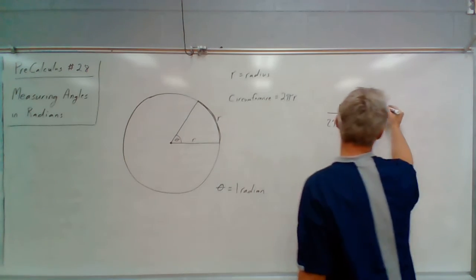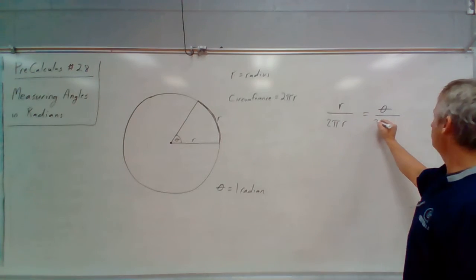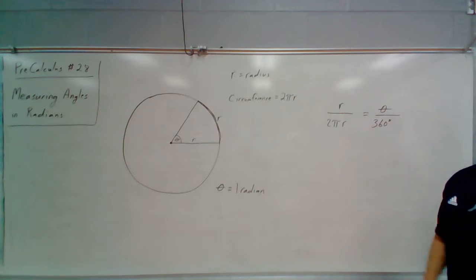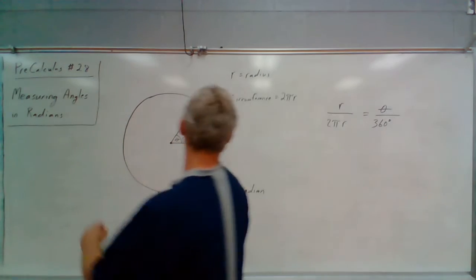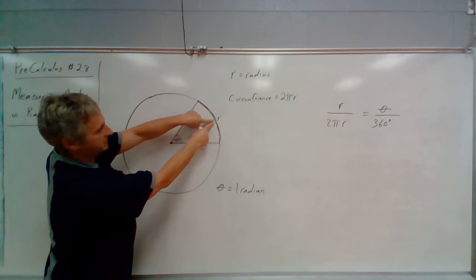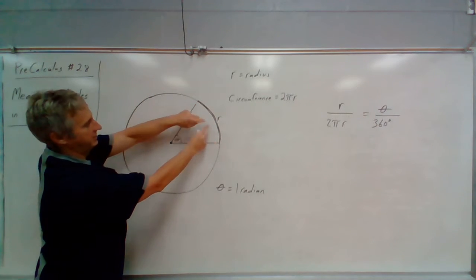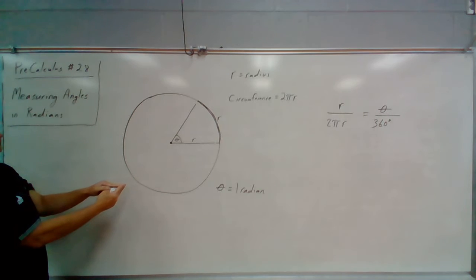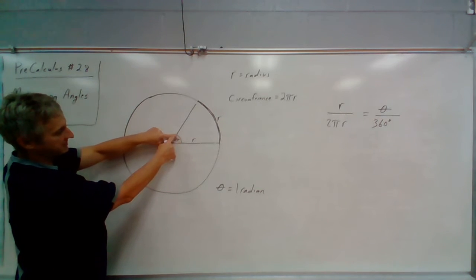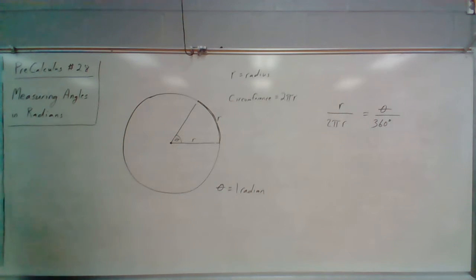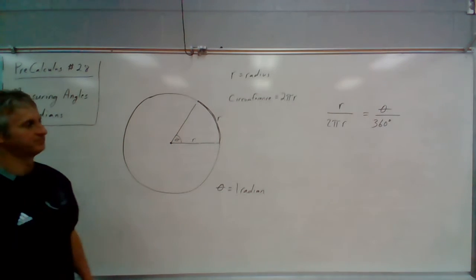So it would be equal to theta over 360 degrees. All right? So these two are proportional. The ratio between this length and the entire circumference is equal to the ratio of this angle to the entire angle. So we have this proportion.